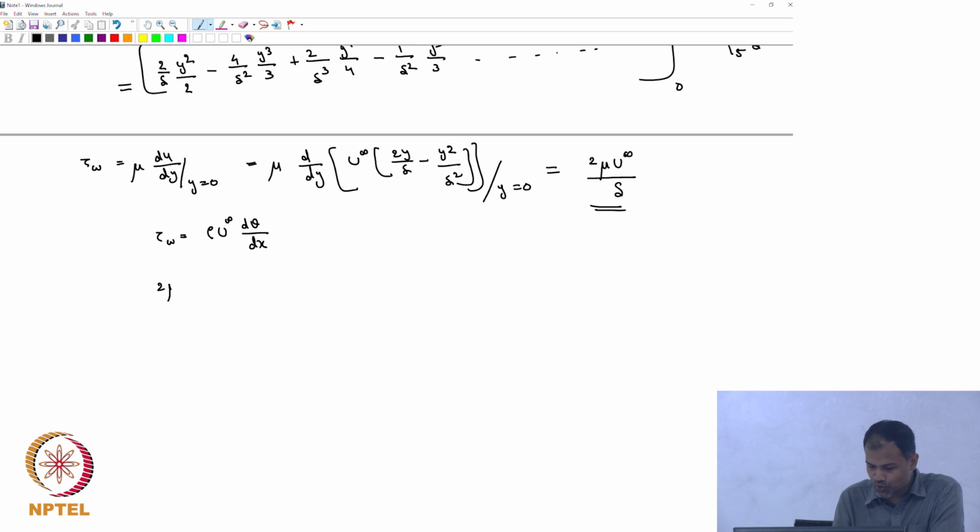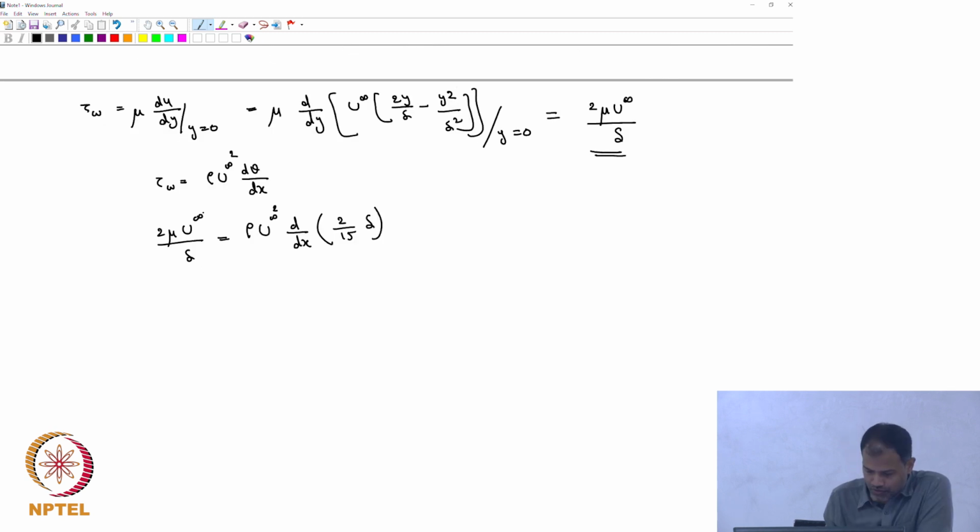That means 2 mu u infinity divided by delta is equal to rho u infinity square d by dx of 2 by 15 delta. So one of them will go away. This is equal to 2 by 15 rho u d delta by dx. Remember, delta is the boundary layer thickness and it changes with x. Therefore, 2 will go.